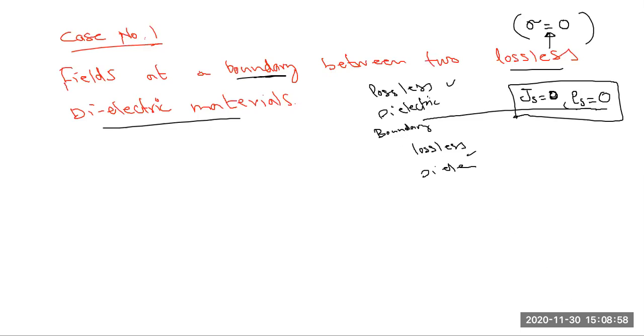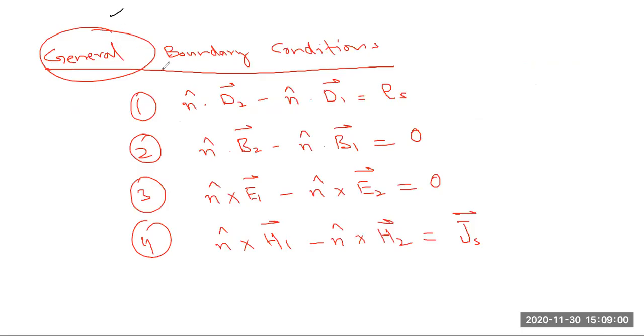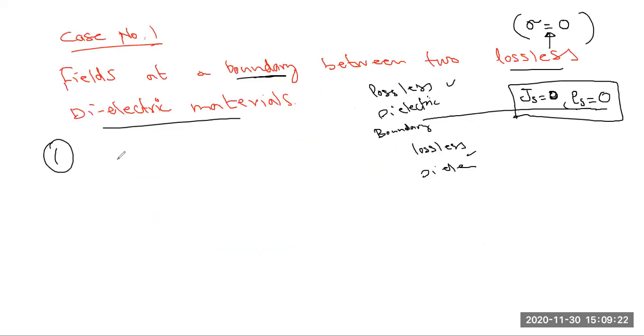तो अब हमारे पास जो बाउंड्री कंडीशन है, जनरल बाउंड्री कंडीशन में जहां पे भी आपको रो एस नजर आ रहा है, जहां पे भी आपको जे एस नजर आ रहा है, अब ये भी जीरो के बराबर हो जाएंगे। जो सेकेंड और थर्ड इक्वेशन है, ऑफ कोर्स देयर इज नो सोर्स, नो चार्जेस, तो इसमें कोई चेंज नहीं आएगा। फर्स्ट बाउंड्री कंडीशन में चेंज आ जाएगा: n dot d2 minus n dot d1 will be equal to 0.